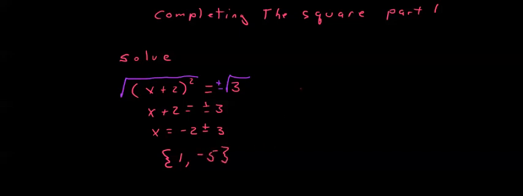And we have negative 2 plus 3, 1, negative 2 minus 3, negative 5. Now the question is, how do we take this equation when it's in standard form and put it in this form? So standard form, I don't think we've really talked about that, but I'll tell you in a minute.